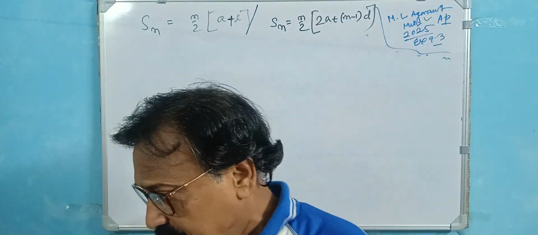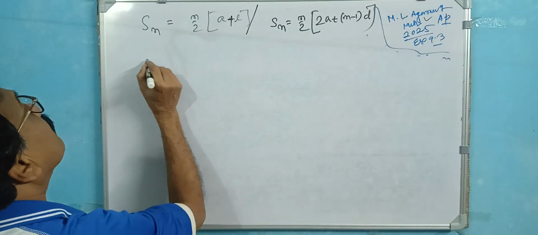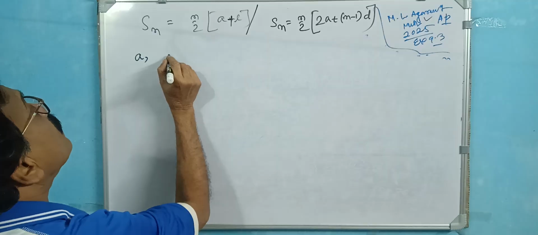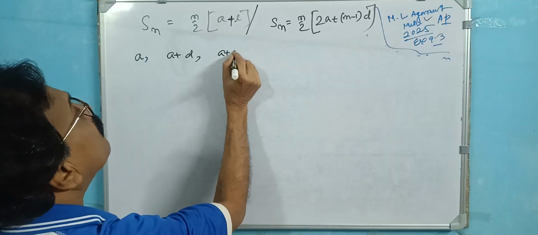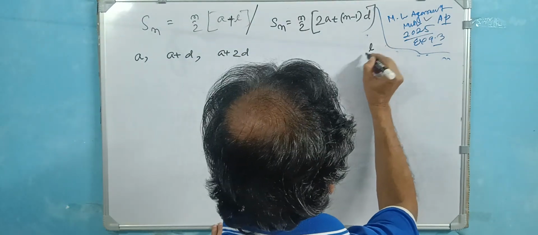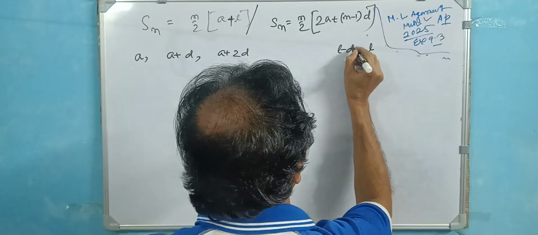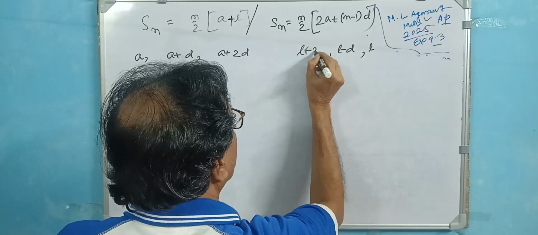Suppose we take 6 numbers. Suppose the first term is a, the common difference is d, the second term is a plus d, and the third term is a plus 2d. Let the last term be l. The previous one is l minus d, and before that is l minus 2d.